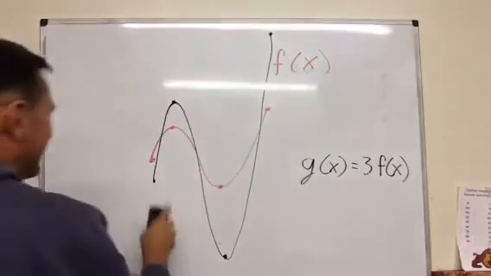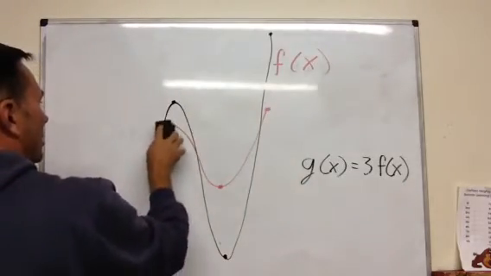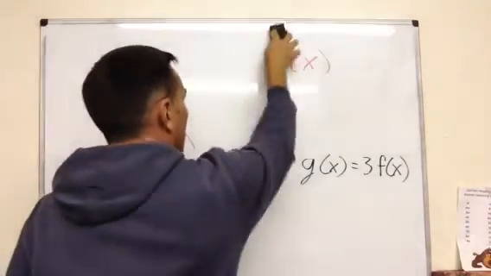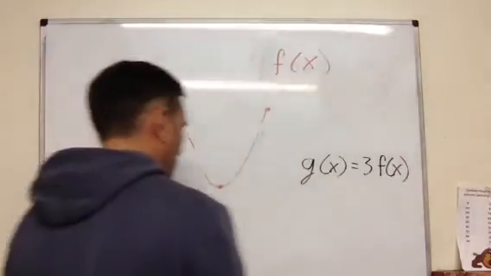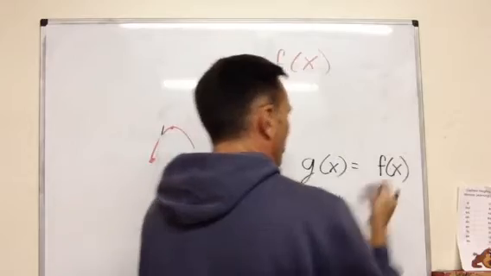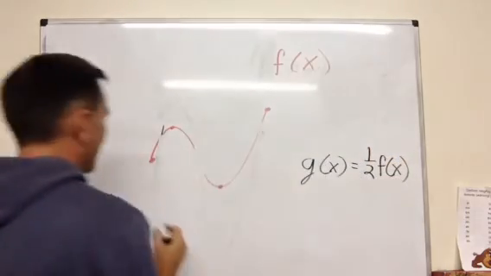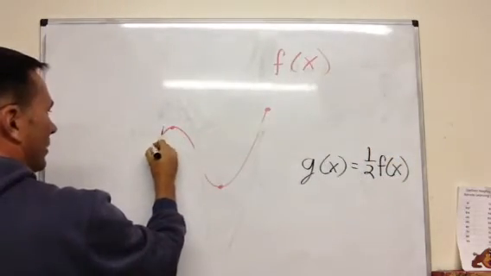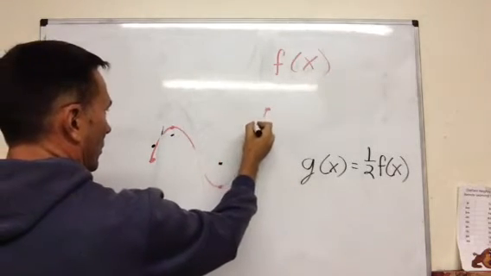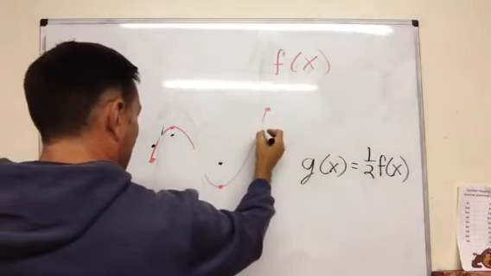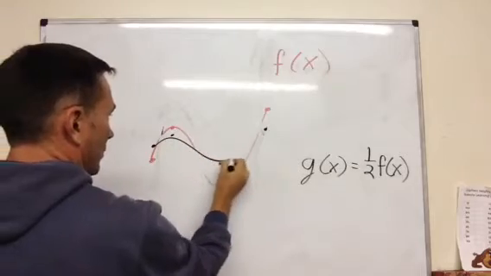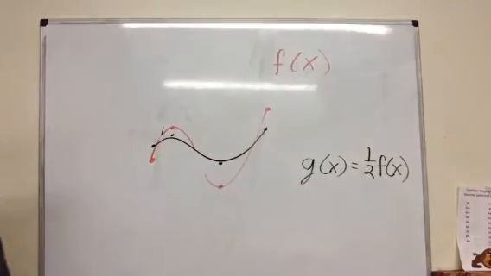If we want to condense it or make it smaller, let's say instead of 3, we change this to 1/2. Now this might look like that.